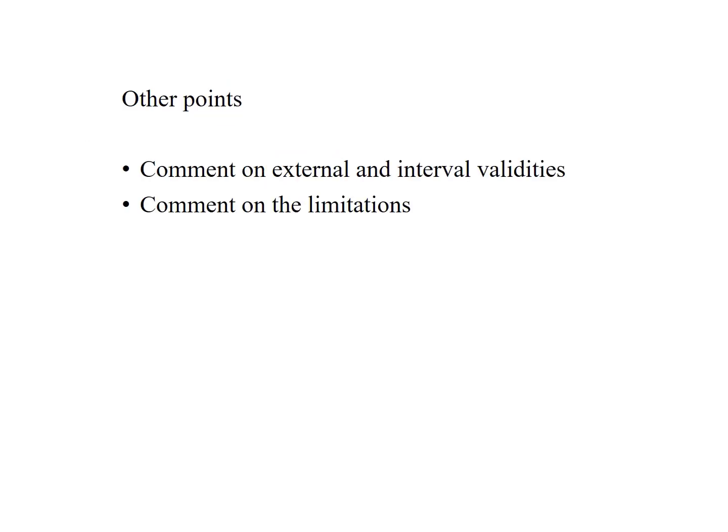Other important points: when you do a research paper, it's not only for the publication purpose, but also for people to be able to use your data for the benefit of health. We talk about external validity, so you need to evaluate whether that paper has that aspect.